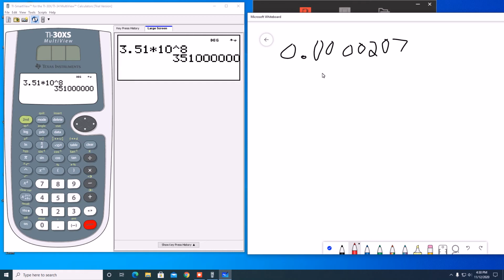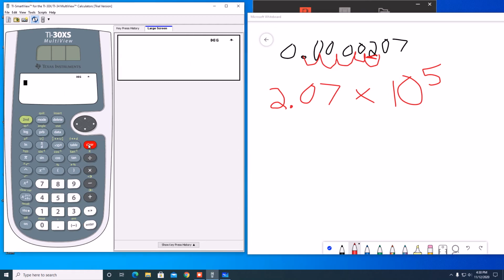I need to make this a number between 1 and 9. So I'm going to need to move my decimal after my 2. So when I do that, I have to move my decimal 1, 2, 3, 4, 5 places. So that becomes 2.07 times 10. And then our exponent is going to be 5 because that is how many times we moved our decimal.